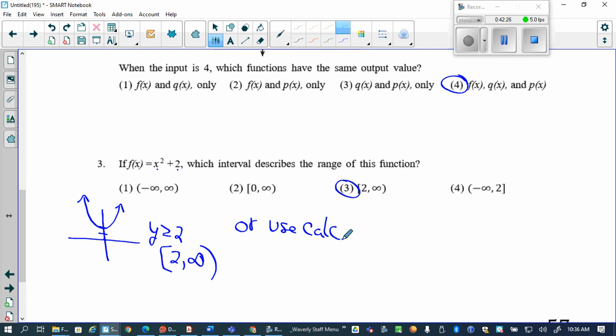You could just punch it in, look at the graph, and see where that vertex is, and see that all the y's are greater than or equal to 2, right? But I'm glad we thought of it this way, because later on we're going to talk about shifting these things in more detail. So that'll warm you up.